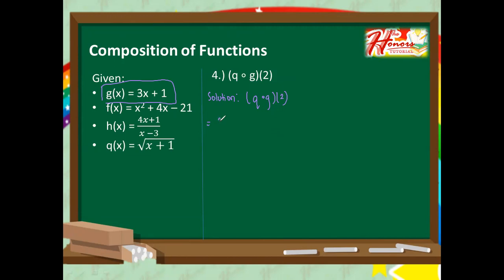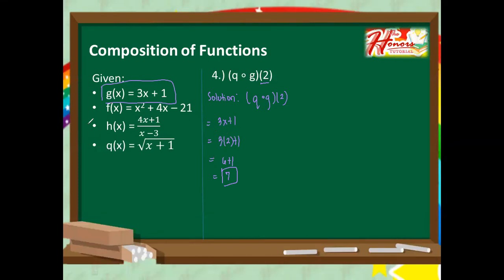So let's have 3x plus 1, and then the value of x is 2. So we have here 3 times 2 plus 1. 3 times 2, that's 6, plus 1, that's 7. We have here the first value coming from 3x plus 1.